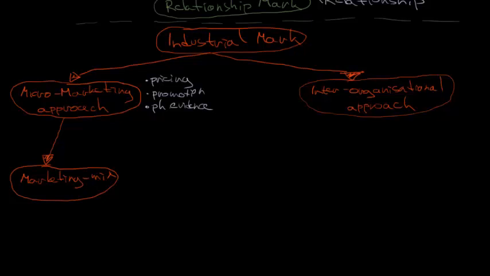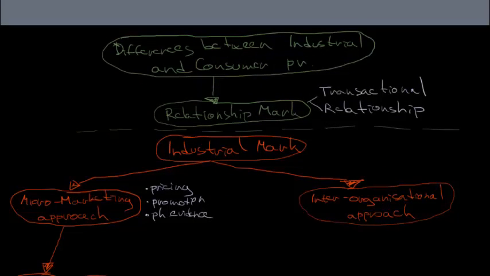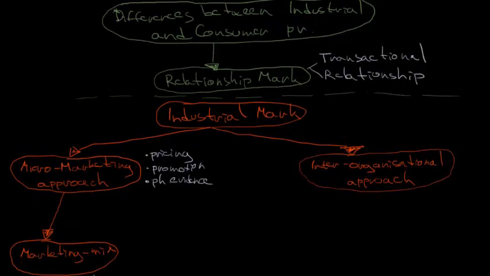In this one, at least from my point of view, it is best to remember that here we are going to look for something universal within these above mentioned. So imagine it as a generalization. Here you are seeking for something universal among these different variables. So universal between what and what? Universal between the industrial and consumer products.